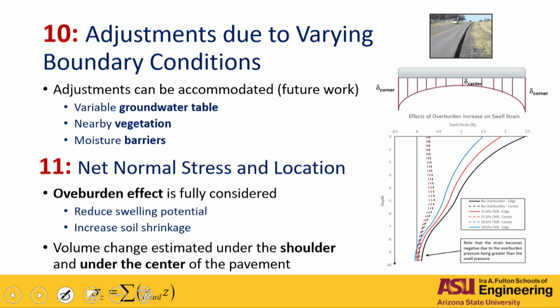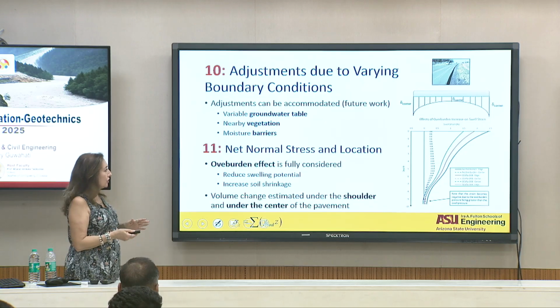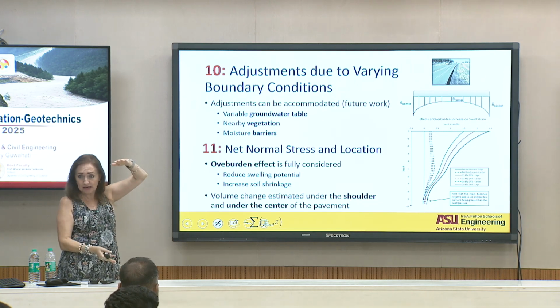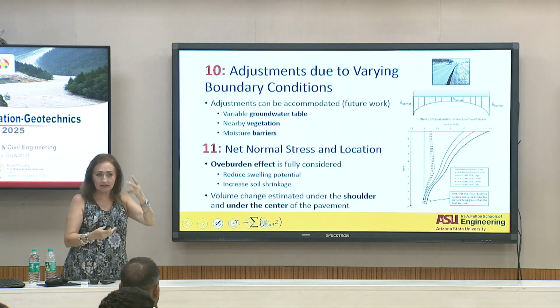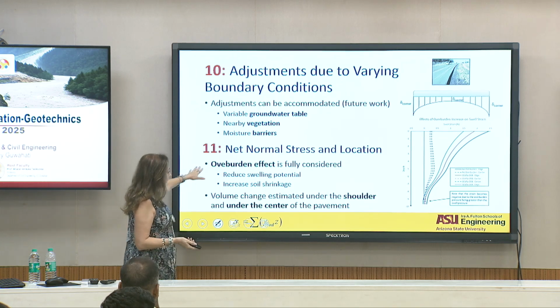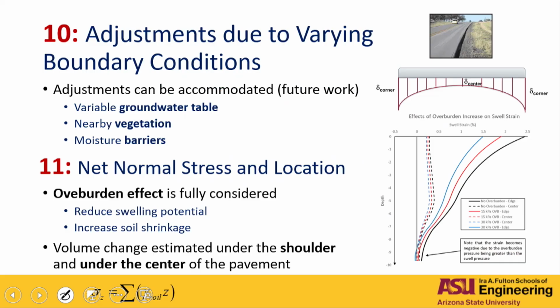And also we need to adjust the function because of the net normal stress that we were talking about, the overburden pressure. That's how we incorporate the second stress state variable. So the overburden effect is fully considered, and what happens is, if you have no overburden, this is your free swell.